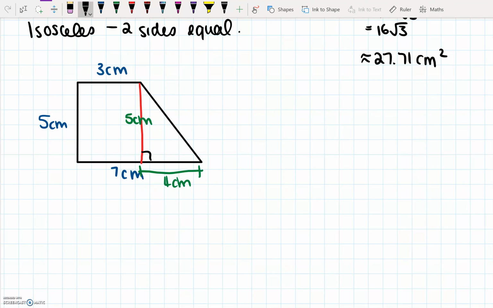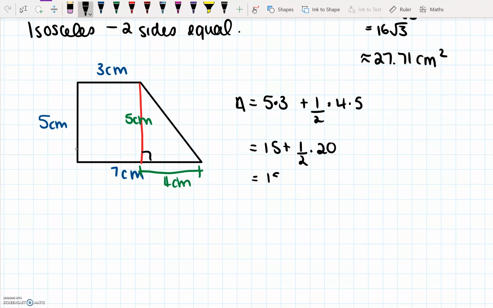So our area is just going to be 5 times 3 plus half by 4 by 5. You guys have done this back in Unit 2. So we have 15 plus half of 20, so 15 plus 10, which is equal to 25 centimeters squared.